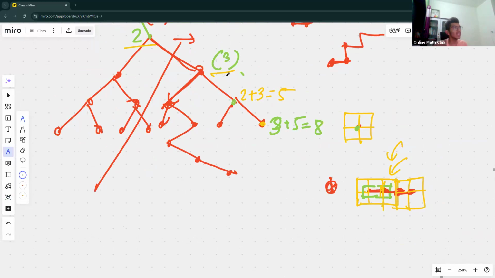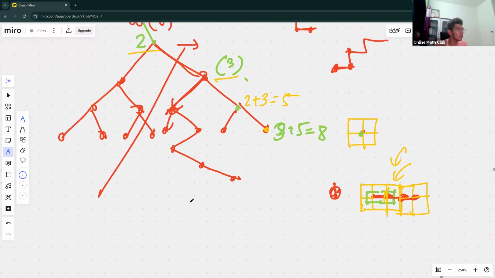Now, suppose that rather than just moving right once, suppose you move up. So now what do we have? We have this structure, right? Now, how many ways can you do this structure? One of the ways is to fill this gap.